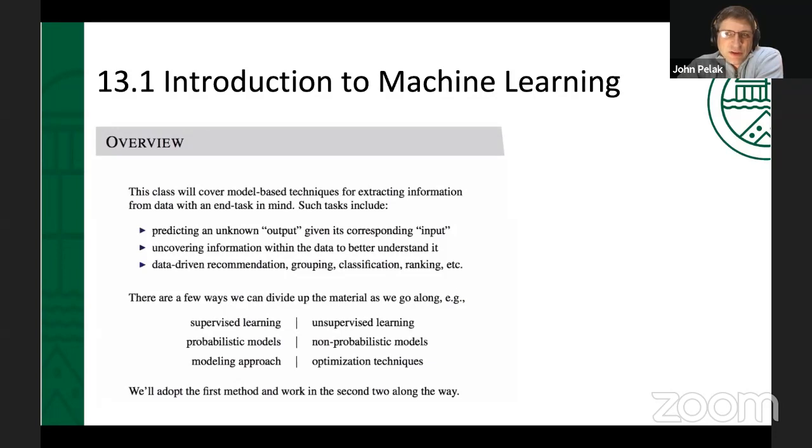This is different than traditional programming, where you had a set of inputs and you programmed the rules in order to get to your outputs. In this case, you have inputs and outputs, and you're trying to learn the rules to go from input to output. It's quite a bit different and requires a different mindset, as we're going to be seeing over the next several weeks.